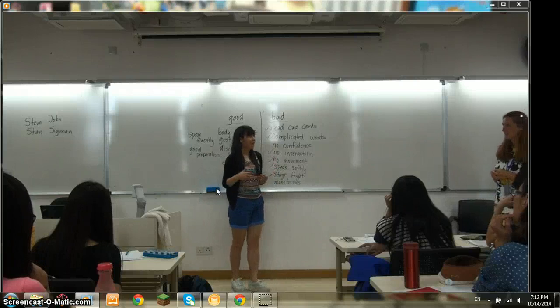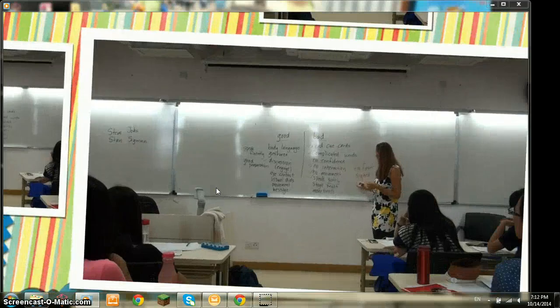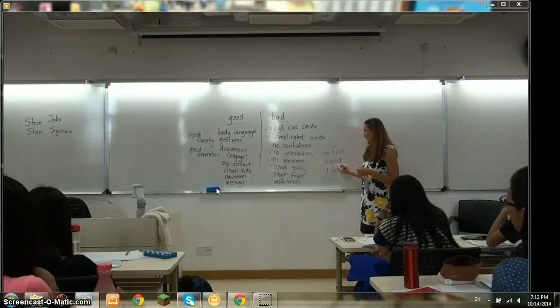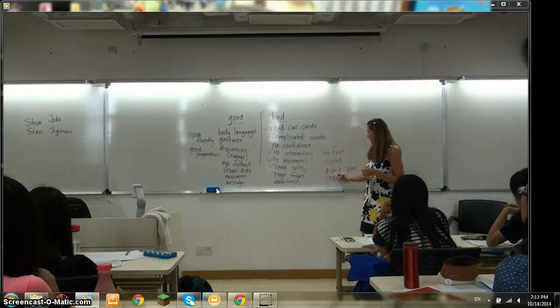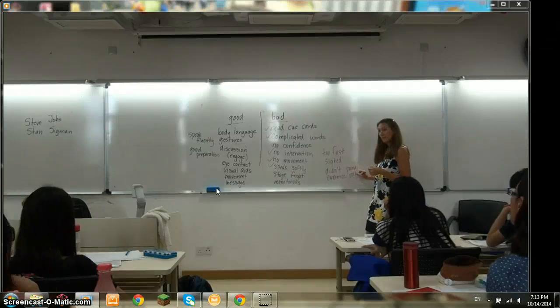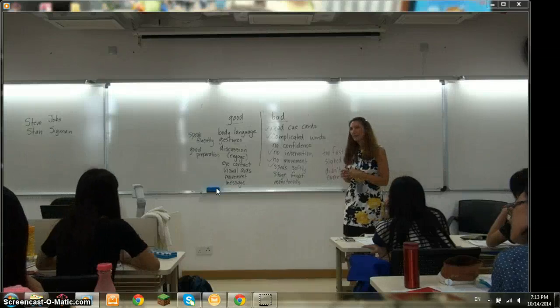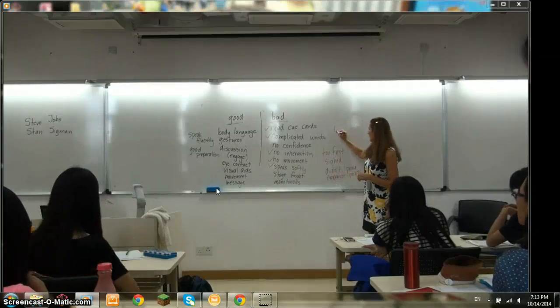Okay, now I'm asking them if there are any other items that they noticed during the presentation that weren't on our original list. So for example, the female presenter was too fast. She sighed during the middle of her presentation, and she didn't use any gestures.